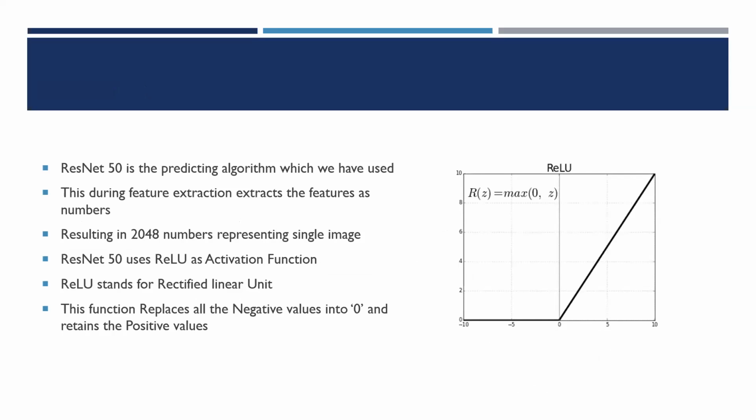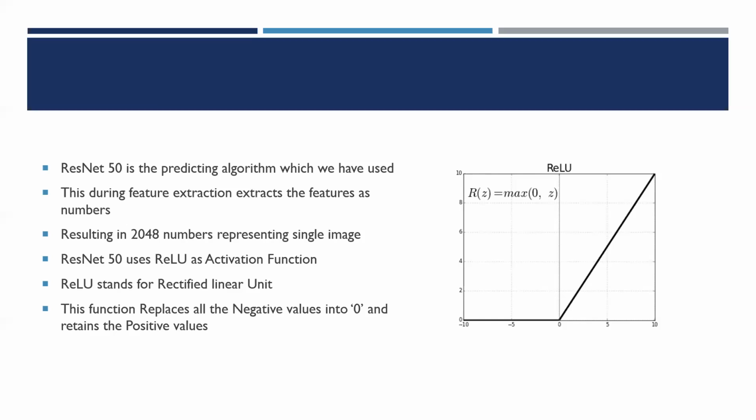Now let's move on to the next slide. That is, ResNet 50 is the predicting algorithm which we have used. During feature extraction, it extracts the features as numbers, resulting in 2048 numbers representing a single image.